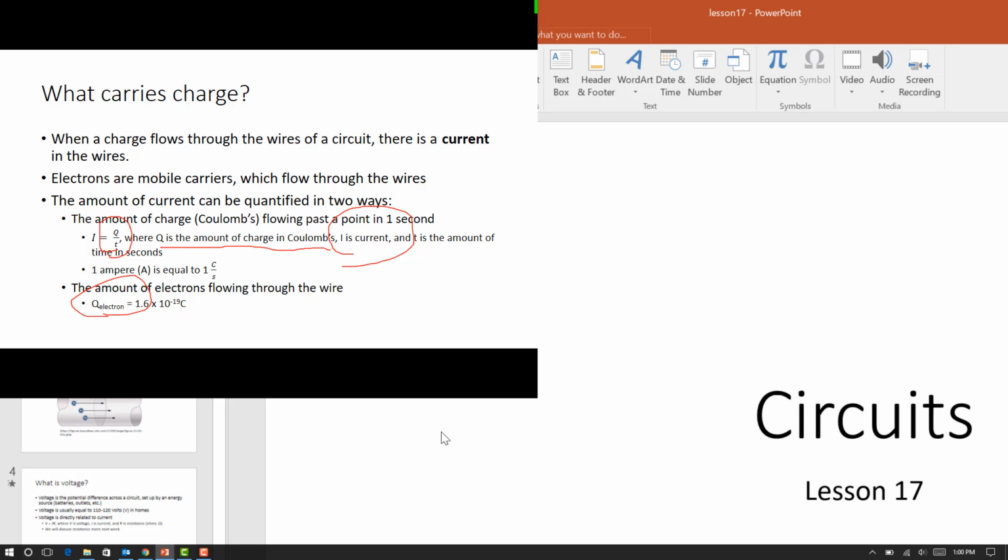So when you think about this charge carried through a wire, and the enormous amount of electrons it requires, some things make more sense, such as why electricity costs what it does and why batteries cost what they do, because you need an enormous source of electrons to be able to move through whatever your system is, whatever your circuit is. All right? Any questions so far on current or what's actually moving?